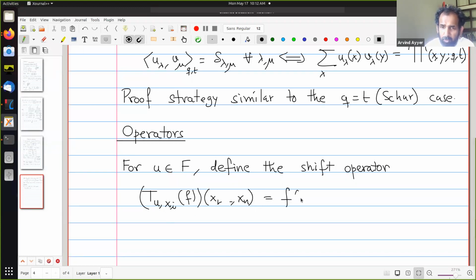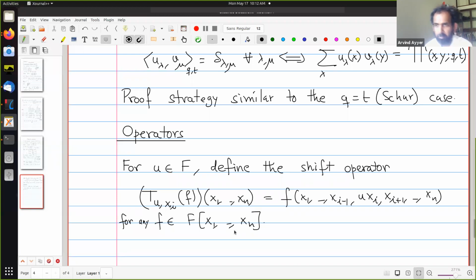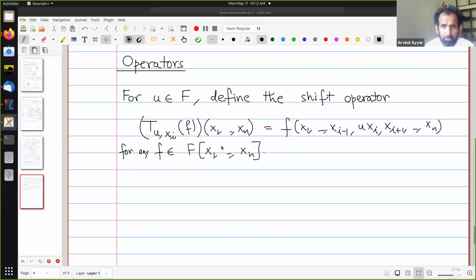This is f of x1 up to x_{i-1}, u xi, x_{i+1} up to xn. So it just multiplies xi by u. This is for any f in the polynomial ring. It's not necessarily symmetric, because this will ruin symmetry.